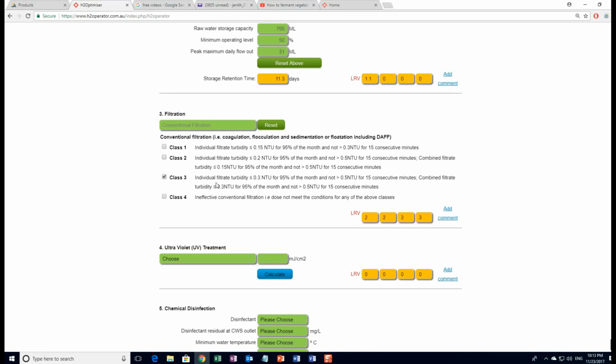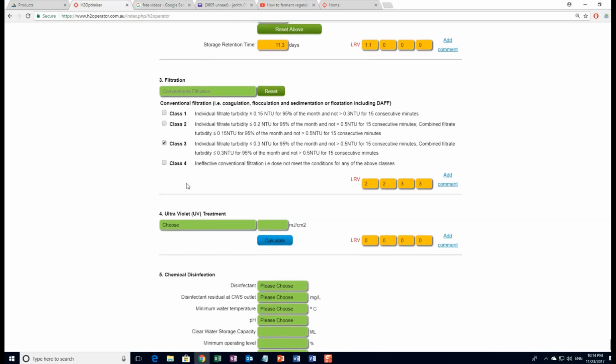Individual filtrate turbidity less than 0.3. I couldn't quite achieve 0.2, but I am achieving 0.3 NTU for 95% of the time, and I'm also not exceeding 0.5 NTU for more than 15 minutes. Okay. So you can look at the criteria and choose where your filters fit in.